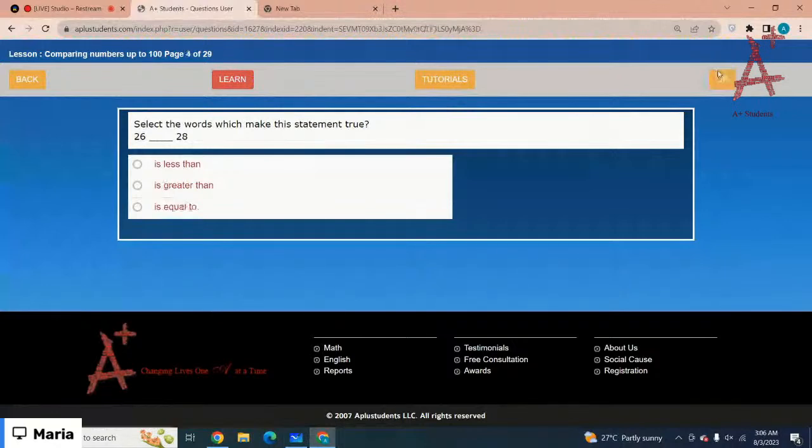When counting, 26 comes before 28. That means 26 is less than 28. The correct option is less than.